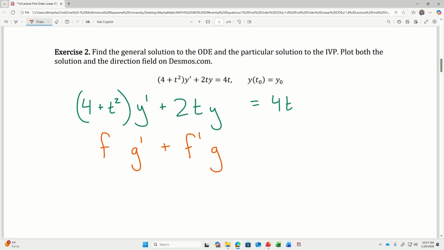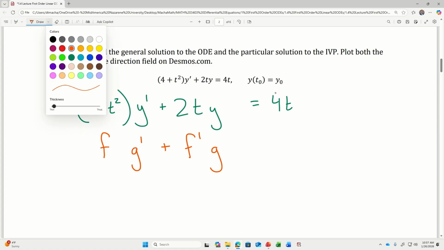Because y could be g here, and then you see g prime and y prime pop up in the same place. So this would only work if 2t was the derivative of 4 plus t squared.